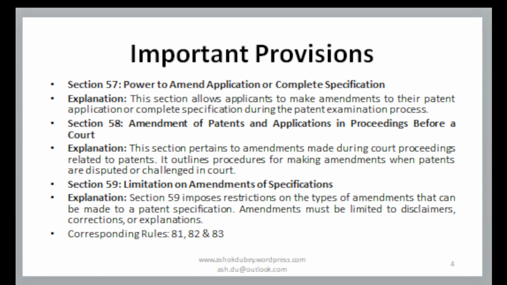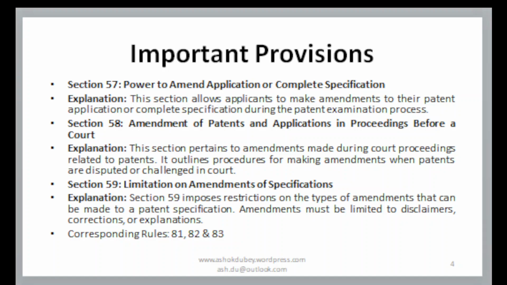Now we talk about important provisions. Section 57 talks about power to amend application or complete specification. There are various types of specification depending on the type you classify. Here complete specification means when you file Form 2 along with the specifications part of the patent, which we saw in a slide, patent specification.